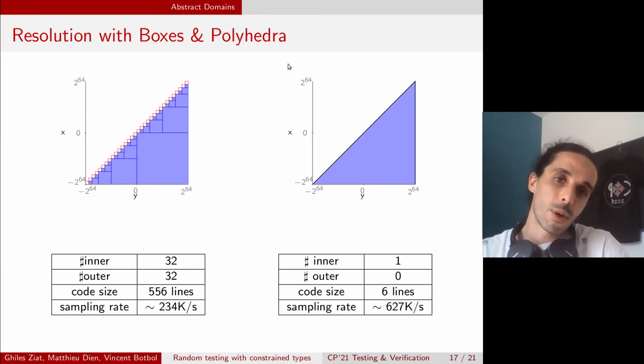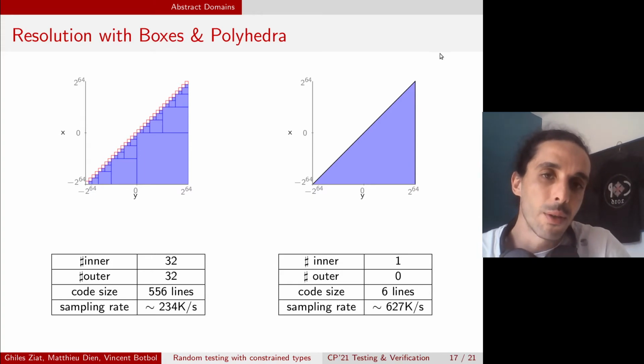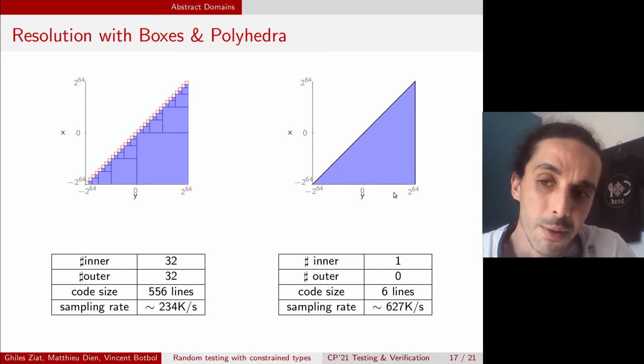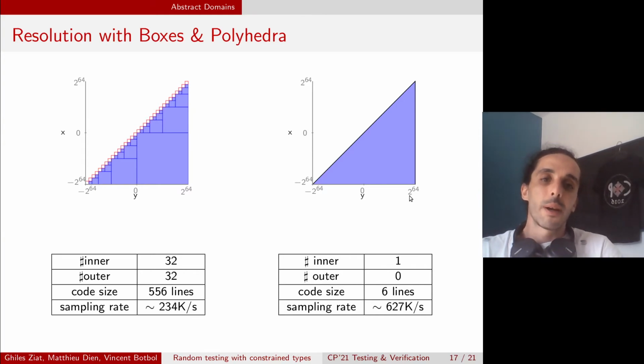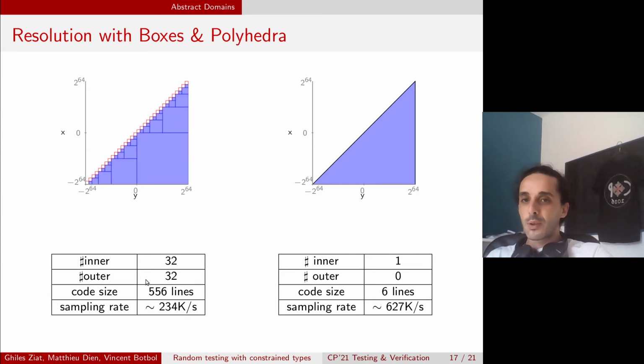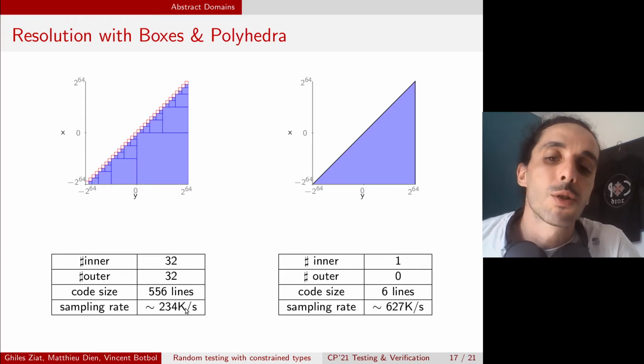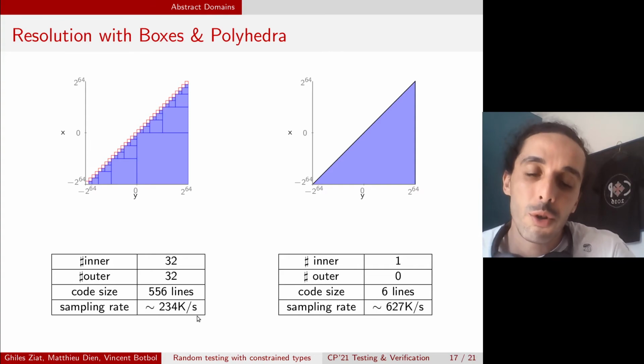One interesting thing that we can see is that here we have 32 inner elements and 32 outer elements in this cover, which produces a code size of 500 lines and a sampling rate of 200,000 calls per second. This means how many times per second we can call the generator.